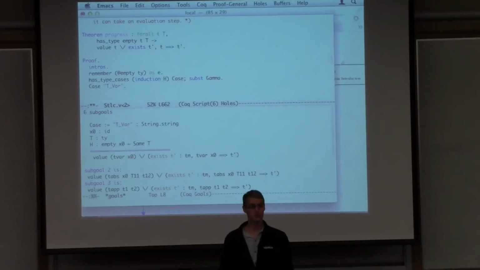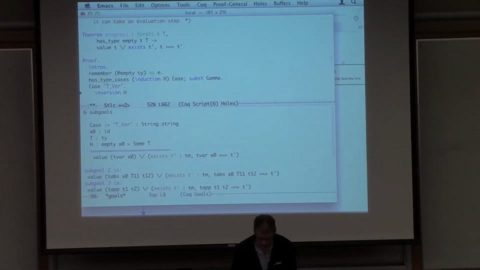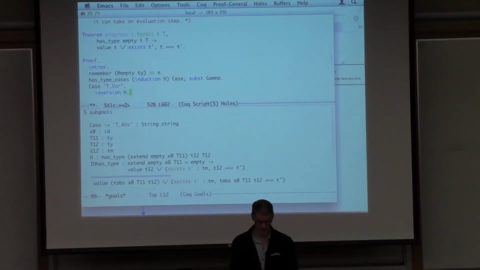So what we should use is inversion. Inversion H, or simply solve by inversion would work here too. Okay, and now we've gone on to the T-abs case.